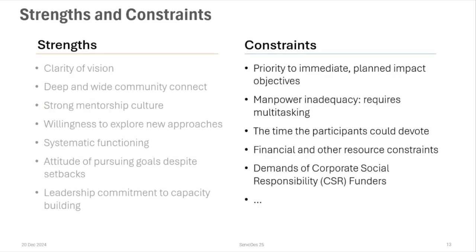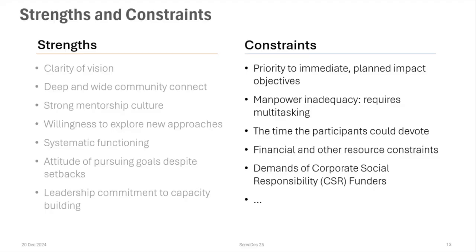Then such organizations will always face manpower inadequacy. People are very much engaged in the actual hands-on work, and they naturally have to give priority to that, because ultimately they have to serve the community, and financial constraints are perpetually there.